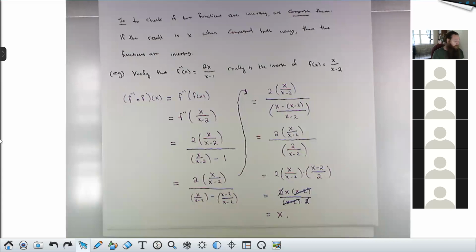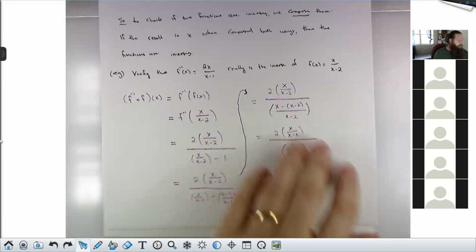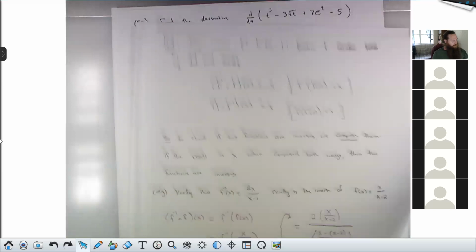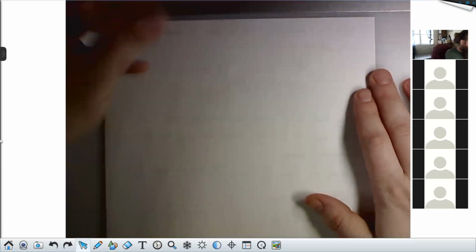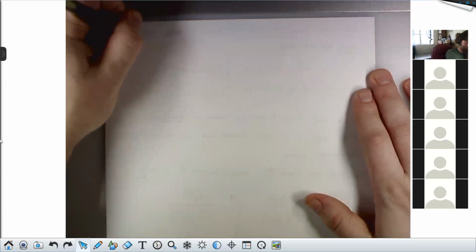Okay. All right, then. Before I let you go, I want to share with you a theorem, and we're going to talk about this a little bit more next time. Theorems like this are a lot of fun.